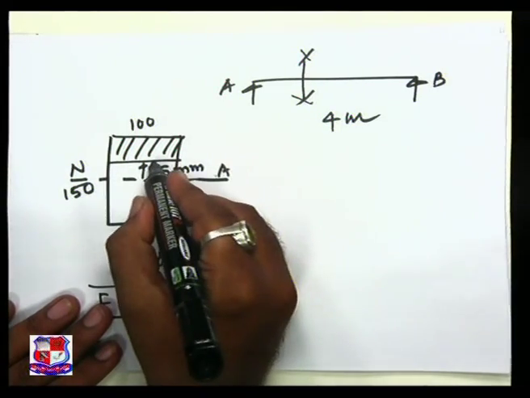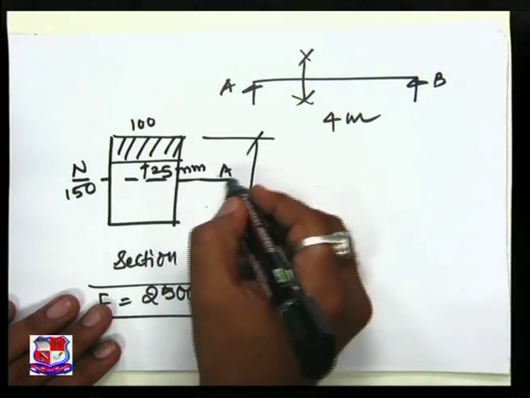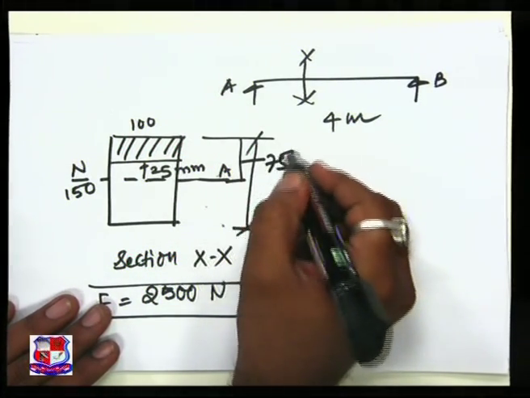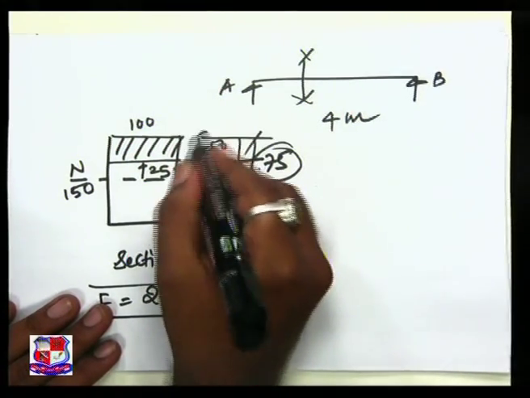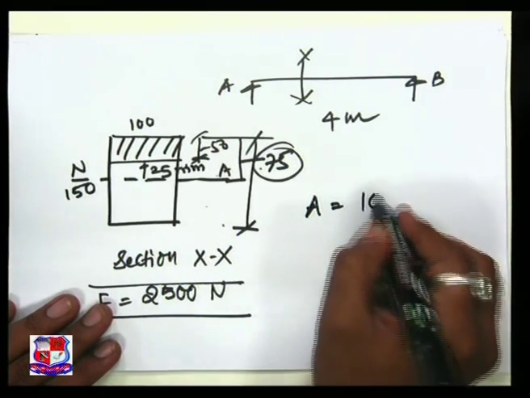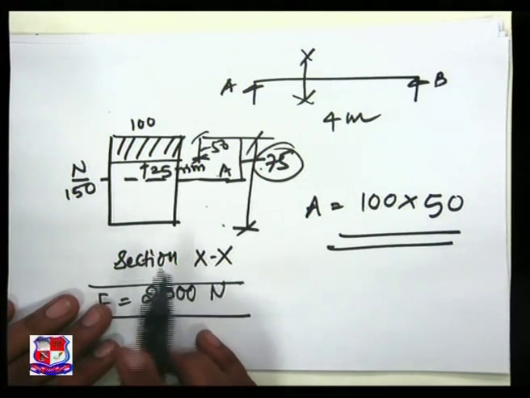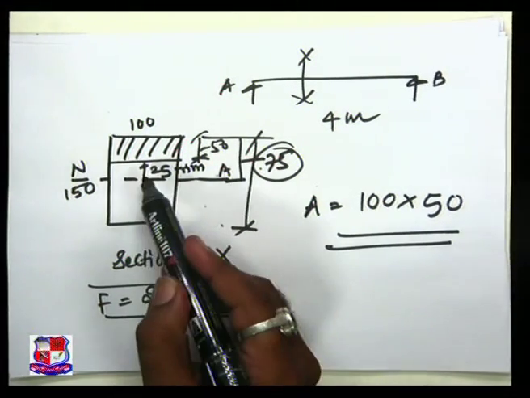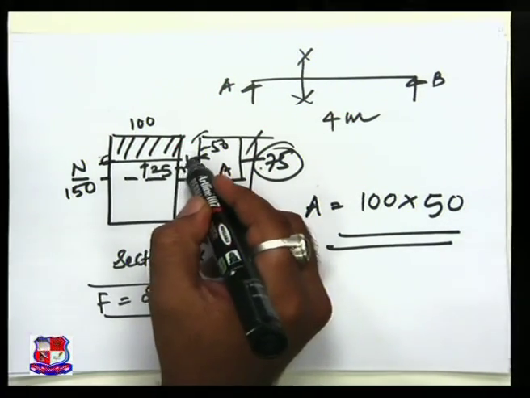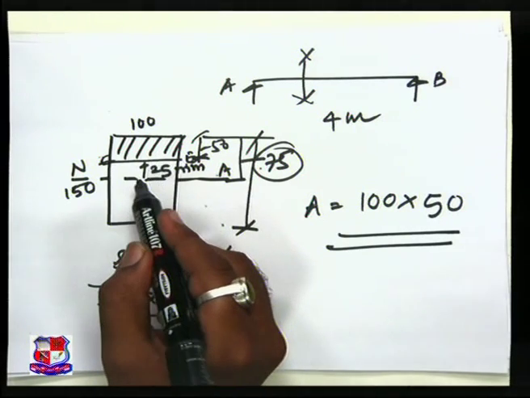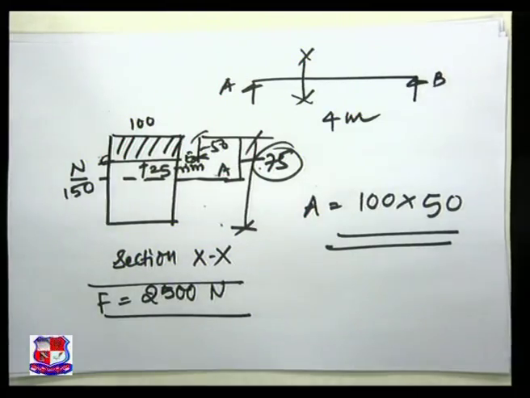Now this is 25 mm, the total depth is 150, half of which is 75, and 75 minus 25 is 50. So the area is 100 into 50. This is the cross section above the level EF, which is at a distance of 25 mm from the neutral axis.